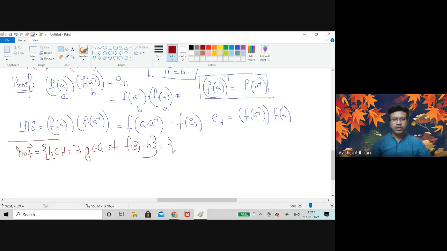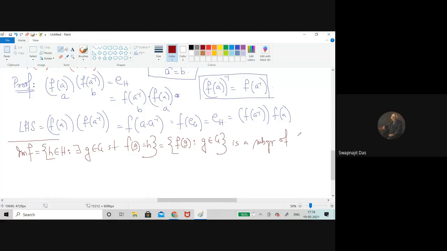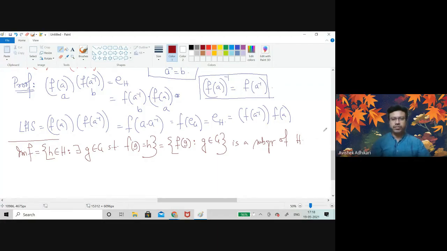Or you can simply write it as F(g) such that g belongs to G. So the image consists of all the images of G. We need to prove this is a subgroup of H. Okay, now tell me what to do.